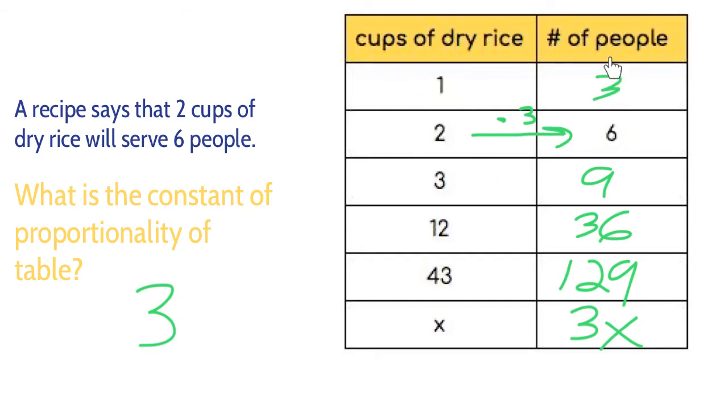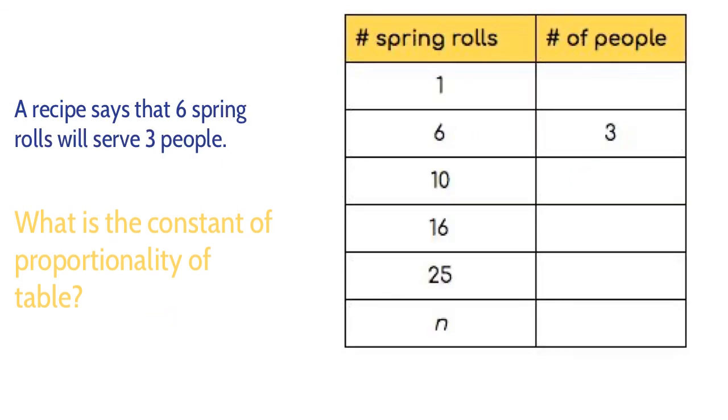I can also see it here where the unit rate, 1 cup of rice, is used for 3 people. Here as well identifies the constant proportionality. So I can see it going across, or I can go right to where the left side is 1, and whatever the right is, that is our constant proportionality.